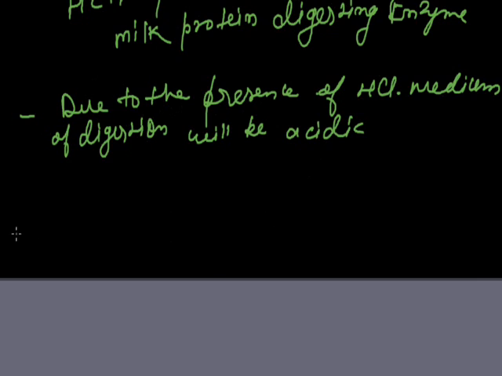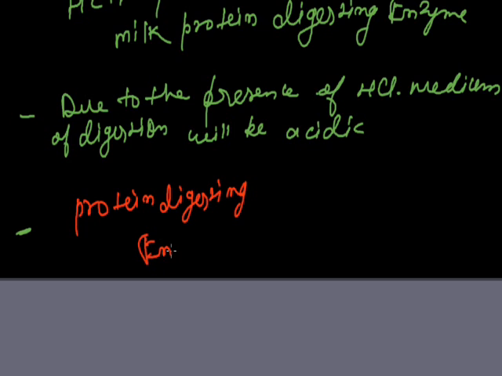This HCl is very important, because HCl first kills the microorganisms which come in through the food, and it also helps in the activation of the protein digesting enzyme, as well as the milk protein digesting enzyme. This protein digesting enzyme will become active in the presence of HCl.